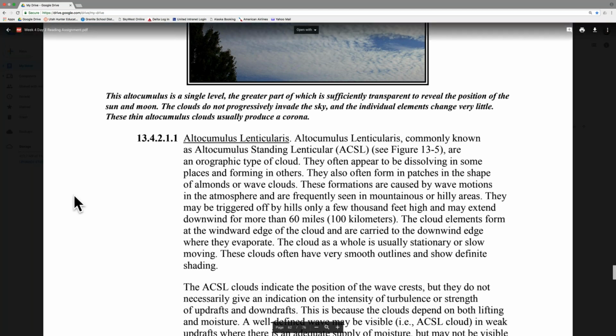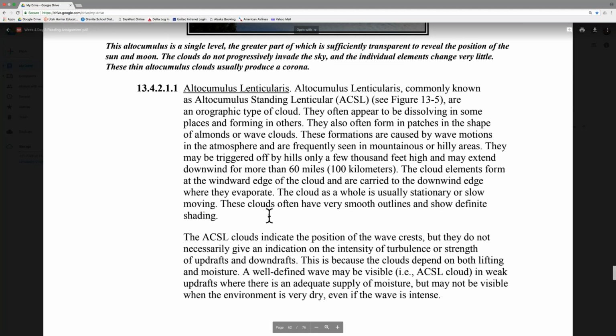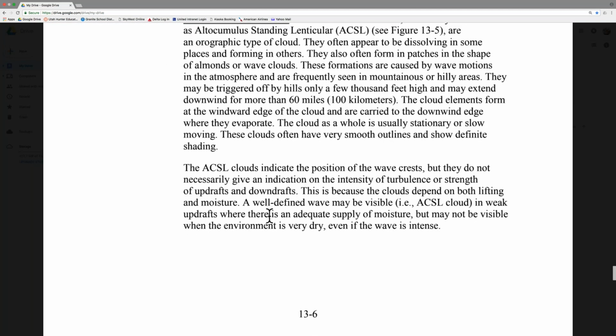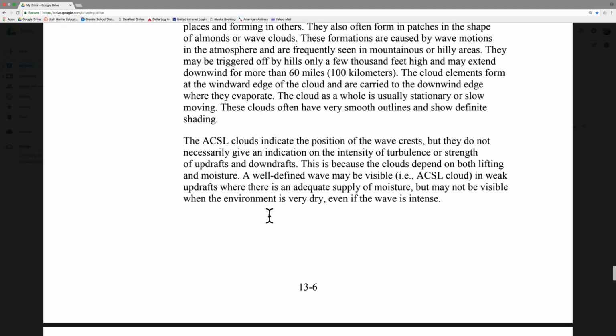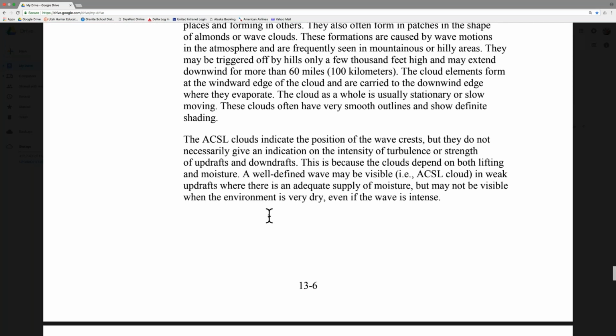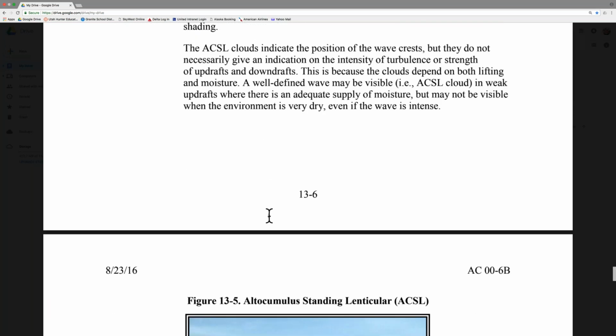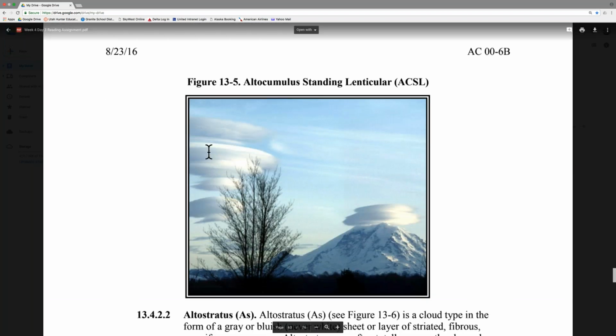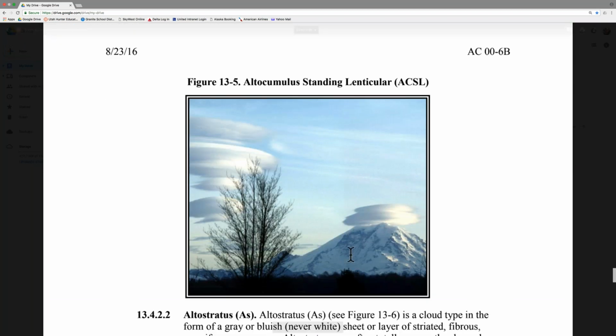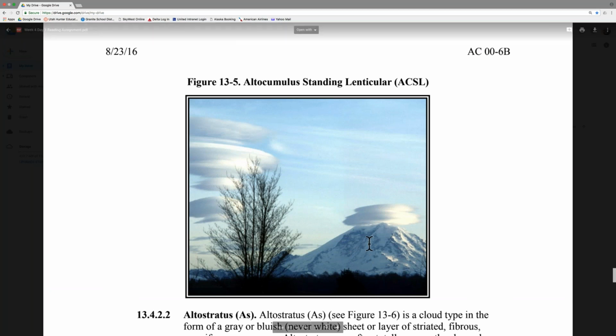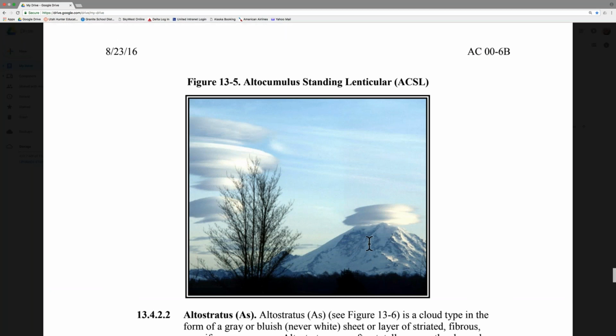So these formations are caused by wave motions in the atmosphere and are frequently seen in mountainous or hilly areas. So that's those clouds that I was showing you.